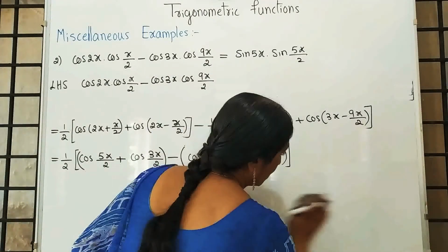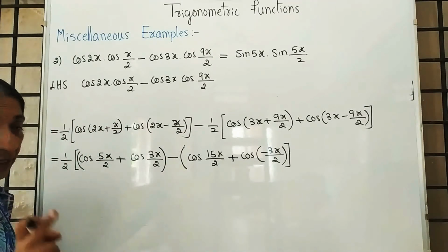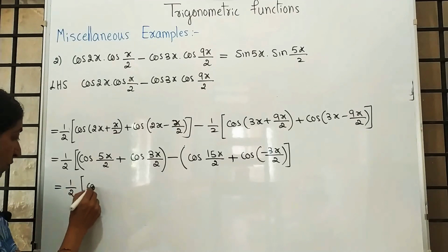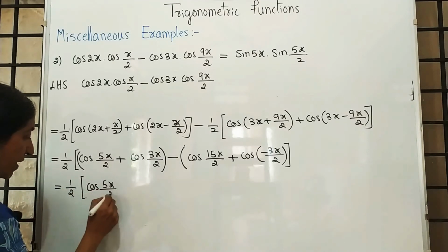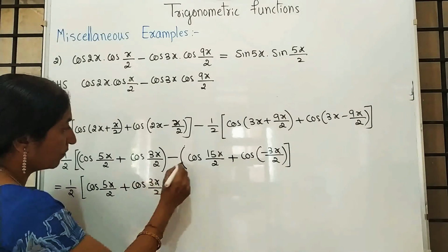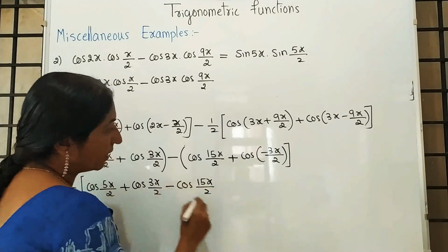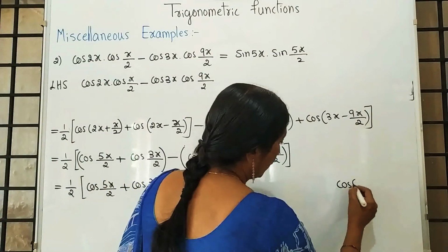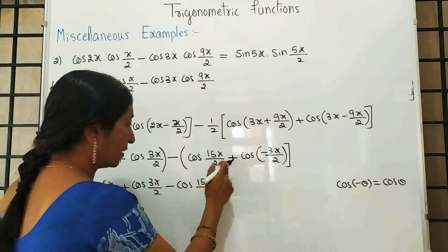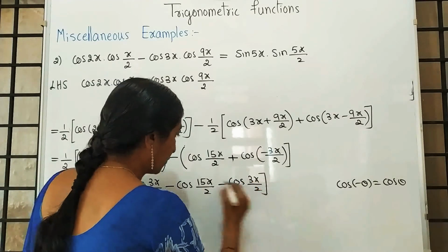But what is cos of minus theta? Cos of minus theta is cos theta. So 1/2 cos 5x/2 plus cos 3x/2 minus cos 15x/2, and remember cos of minus theta is cos theta, and this minus is minus cos 3x/2.